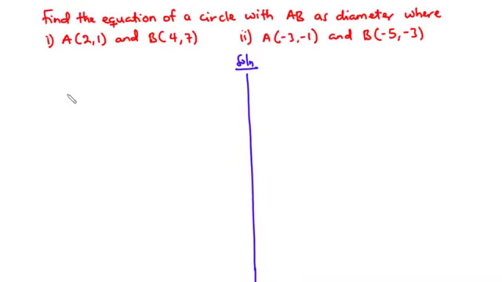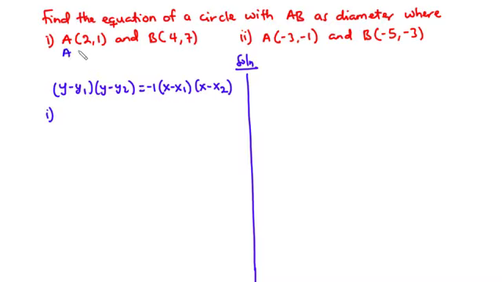So we said that the equation of a circle given the ends of the diameter is given by y minus y1 times y minus y2 equals -1 times x minus x1 times x minus x2. So let's solve for I. We are going to substitute these points into this equation.